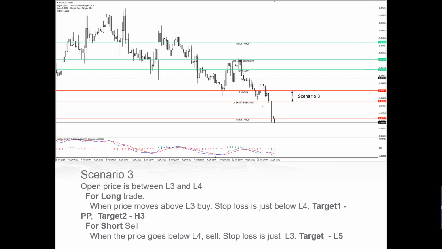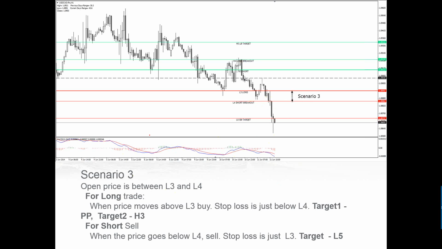So most of the time you will be seeing this scenario. This is the typical scenario for Camarilla 3, L3 and L4 in between, okay?